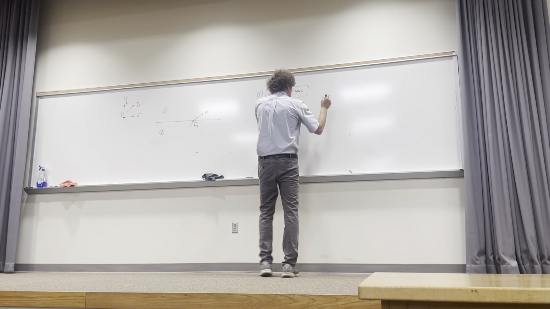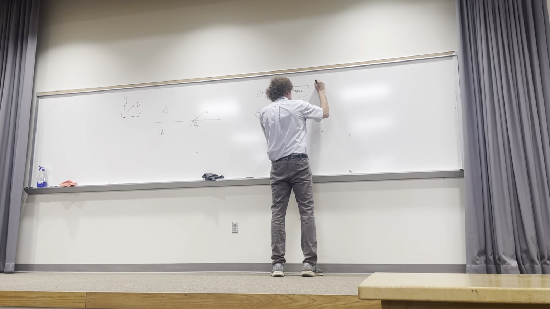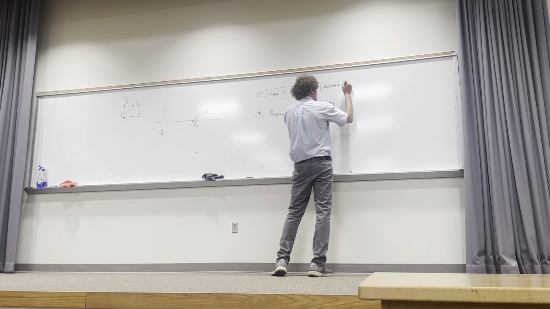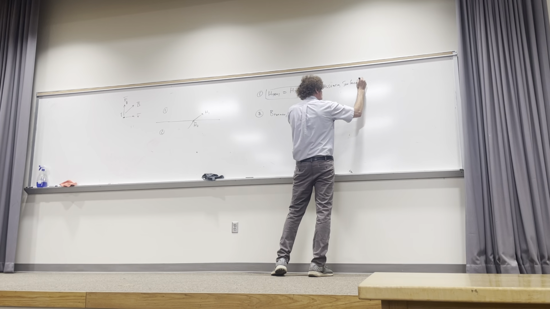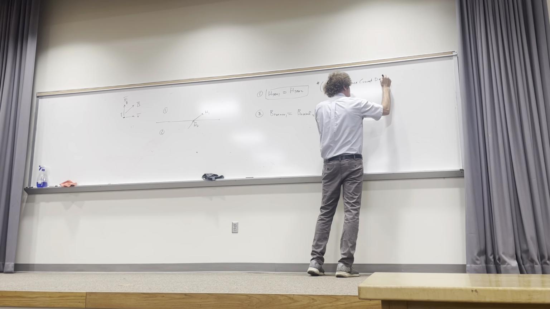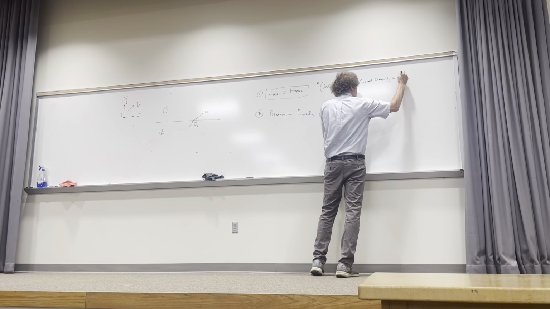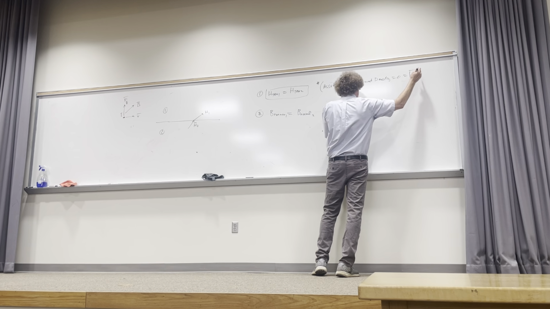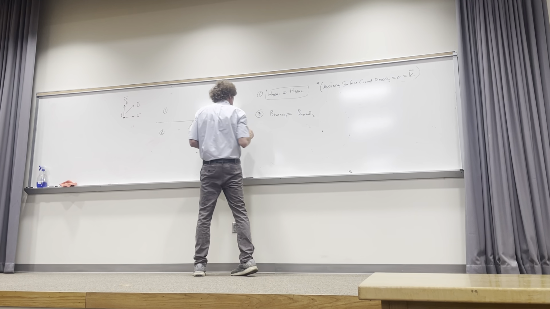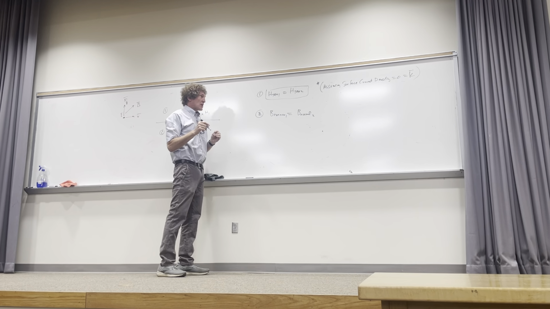Now this one, star it, and this is assuming the surface current density equals 0, or if K, the surface current density, is 0. I'll get to the one where you have to modify that.